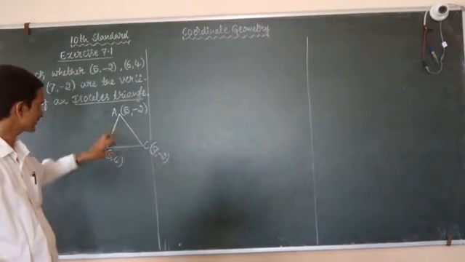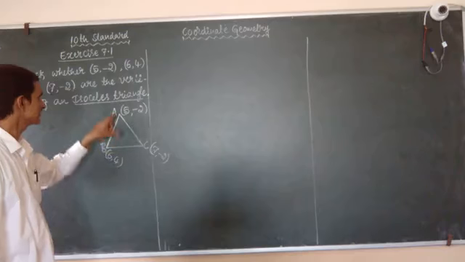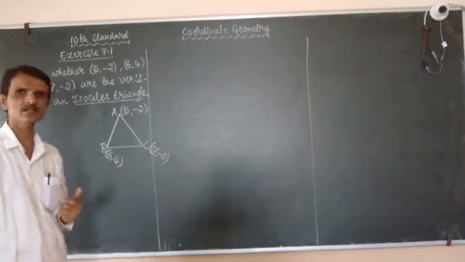If you observe, by joining these a triangle is formed. We have to check whether this triangle is an isosceles triangle or not.